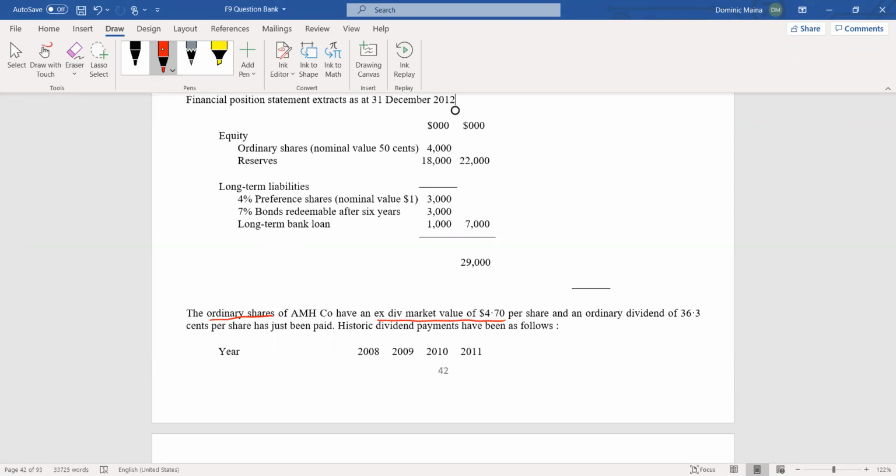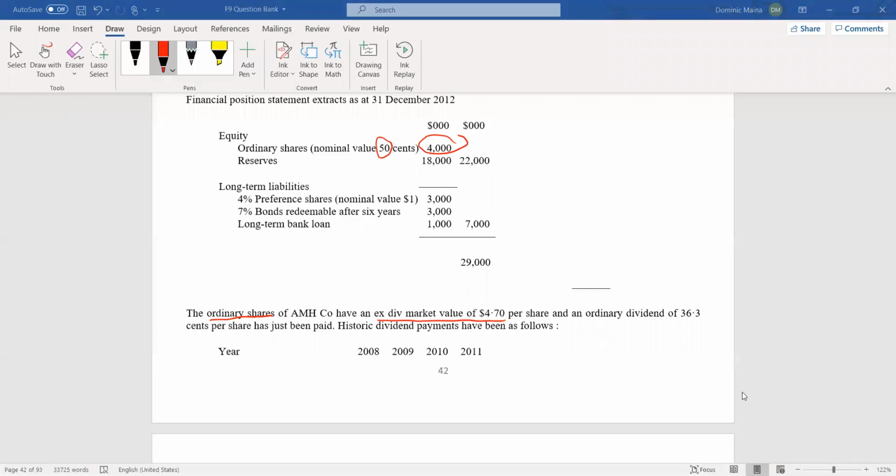And if you go back to the extract of the financial statement, the total nominal value is 4 million, and one share has a nominal value of 50 cents. Therefore, the number of issued shares is 4 million divided by 0.5. We multiply by 4.7.